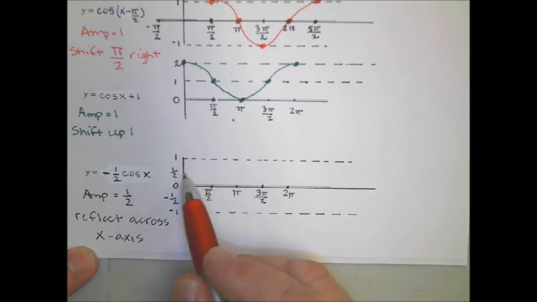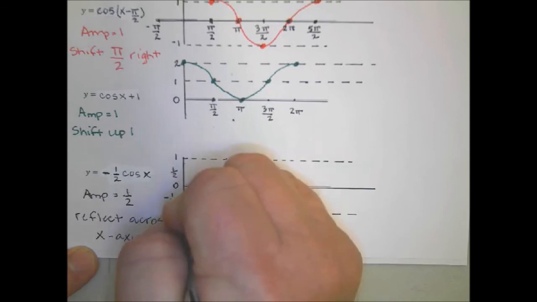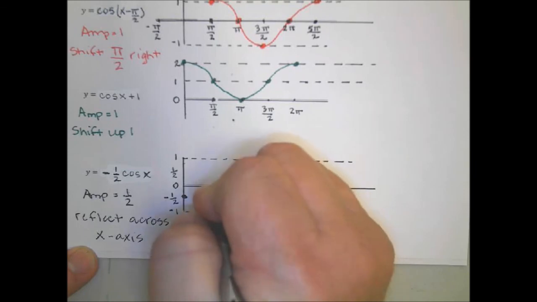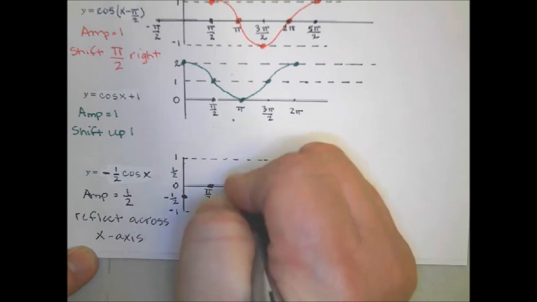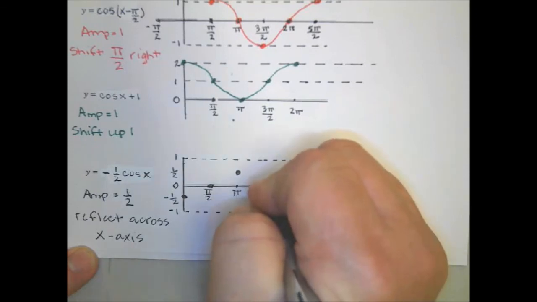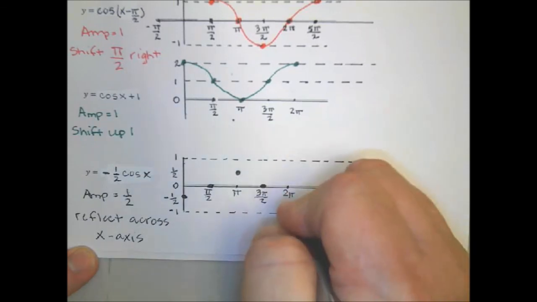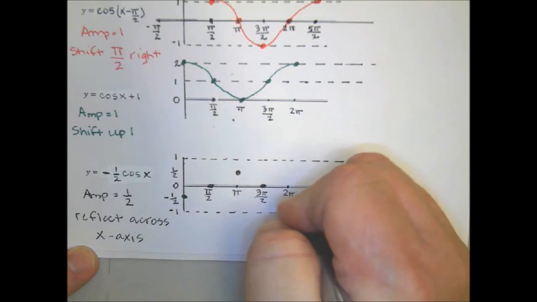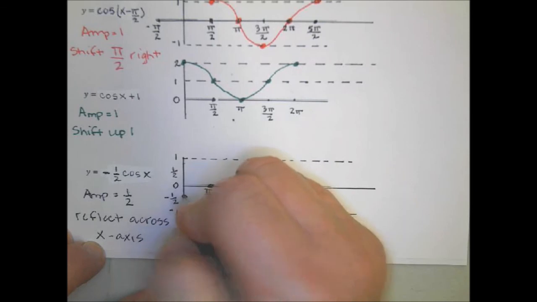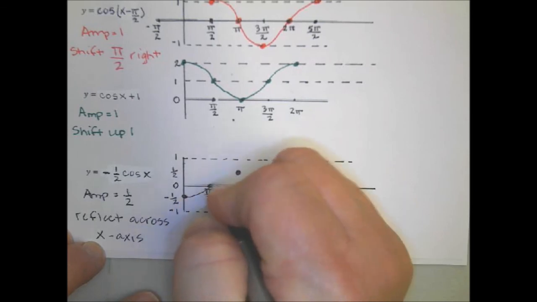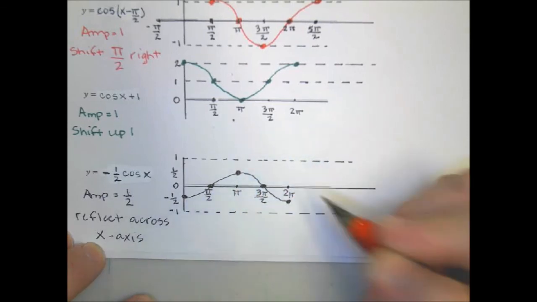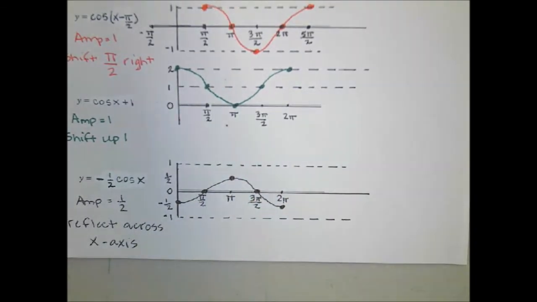So instead of starting at positive 1/2, it's actually going to start at negative 1/2. And then it's going to pass through 0 right there. It's going to reach its peak at positive 1/2. It's going to pass through 0 again right there. And then it's going to get to its lowest point right there. So I will make kind of a half a parabola, then an entire parabola, and then a half a parabola. And there's your graph.